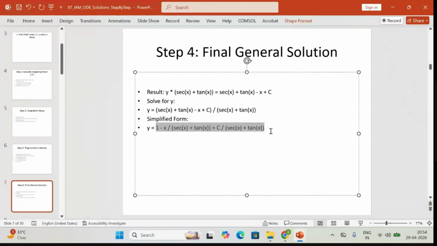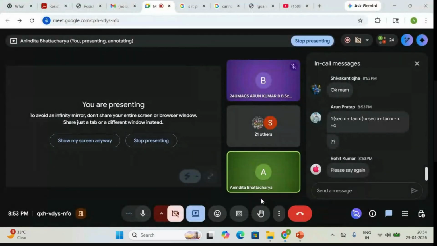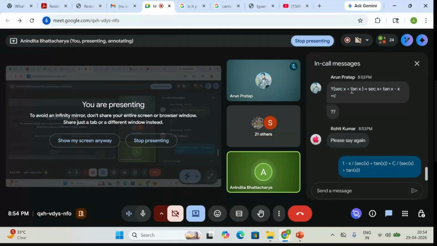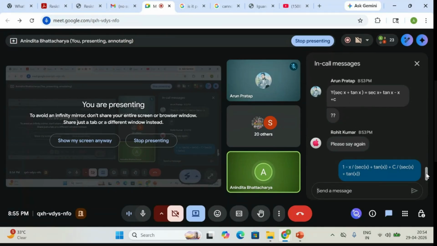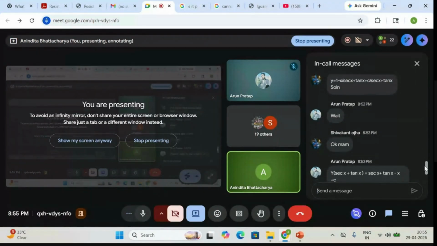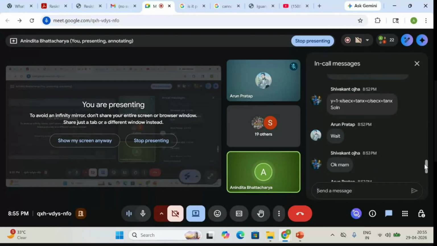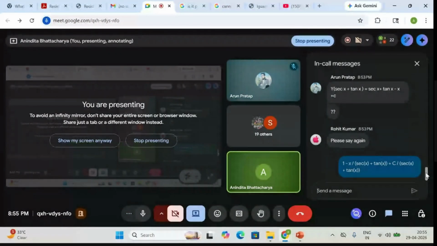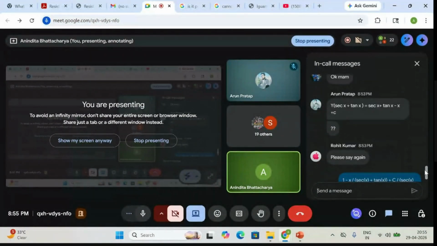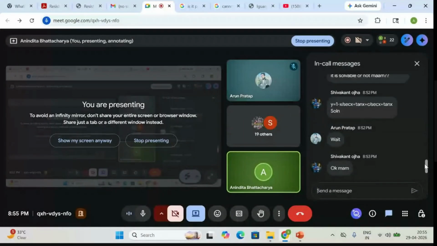I am copy pasting this and then checking if you have the correct answers or not. Rohit, I will say it again, just wait, let me copy paste the answer. So y sec x plus, yes, Arun Pratap, you are right. 1 minus x by sec x plus tan x by sec x plus tan x.